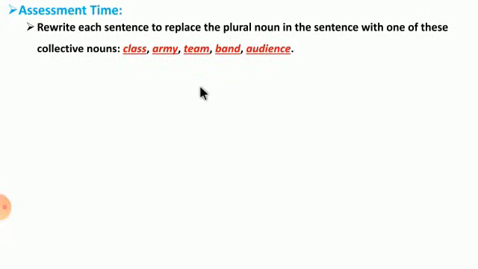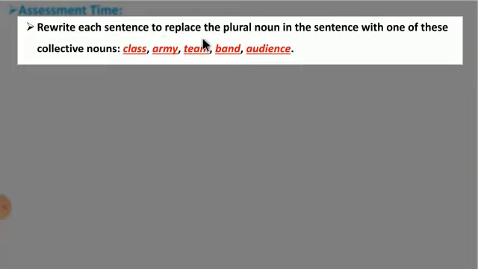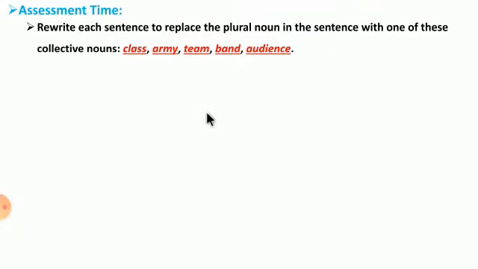Super. Assessment time. Rewrite each sentence to replace the plural noun in the sentence with one of these collective nouns: class, army, team, band, audience. So we have sentences. In each sentence we have plural noun, and we have to replace this plural noun with one of these collective nouns.